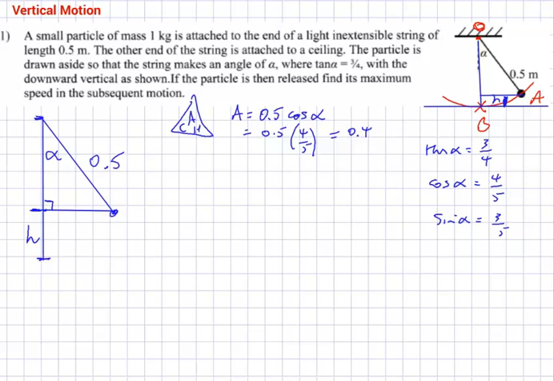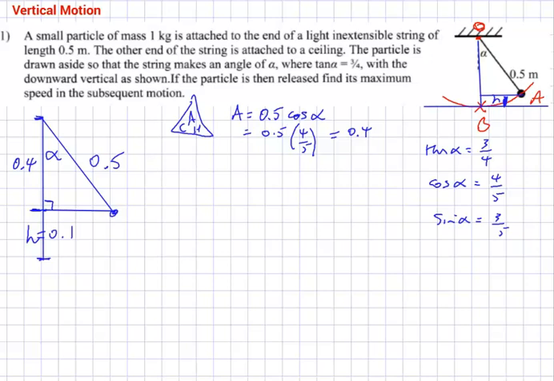So that's 0.4, and therefore this distance here is going to be 0.1. A little bit of trigonometry there, just appreciating how high it's getting to. They've given us the angle, so it is a specified height, and we've been able to find it out. So we know that height is 0.1.